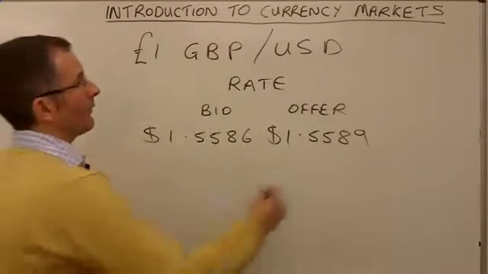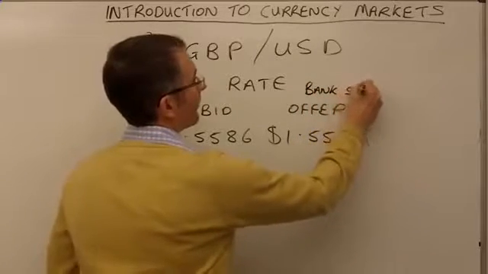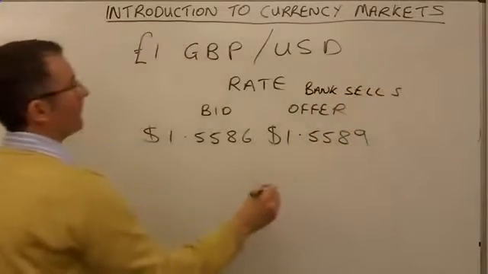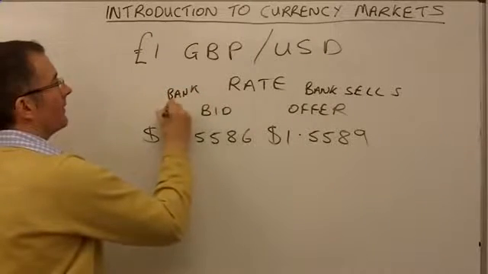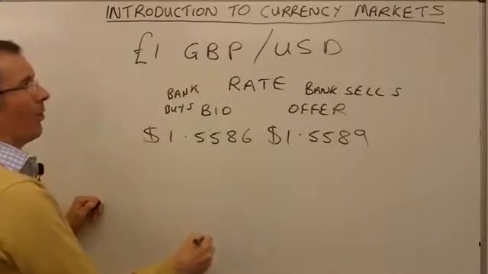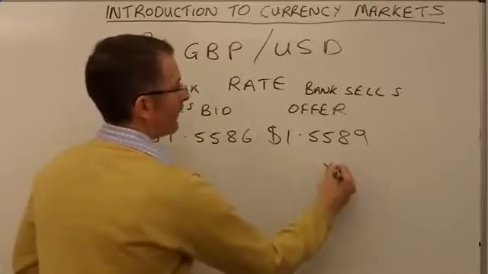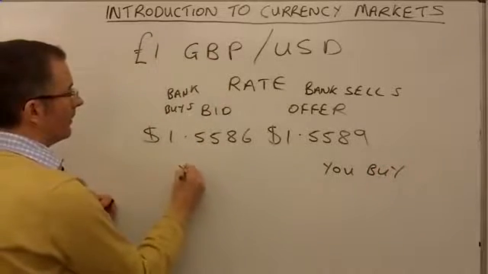So, in other words, that's the rate at which the bank sells, and this is the rate at which the bank buys. Or put it another way, from your perspective, this is the rate that you buy at, and this is the rate that you sell at.